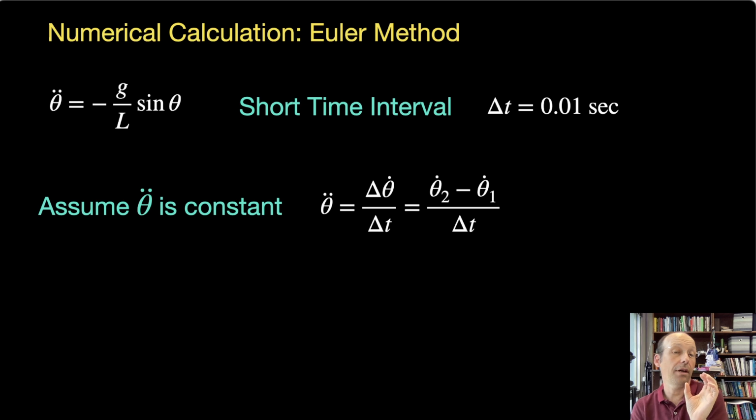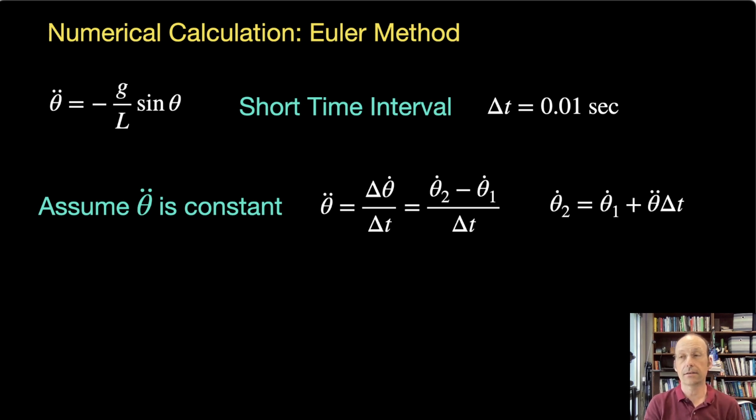Here theta 2 dot is the theta dot at the end of the time interval, and theta 1 dot is the theta dot at the beginning. If I solve that equation for theta 2 dot, I get this. So that says take the original theta 1 dot, add theta double dot, which I'm assuming is constant, it's totally not, multiplied by my time interval, and I get my new theta 2 dot.